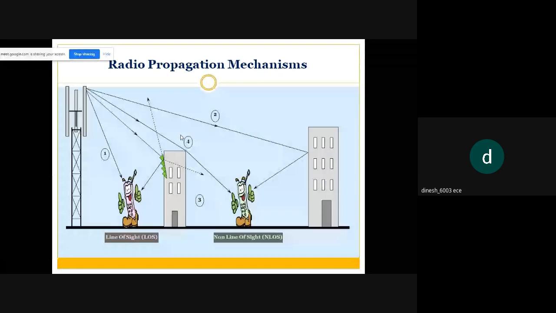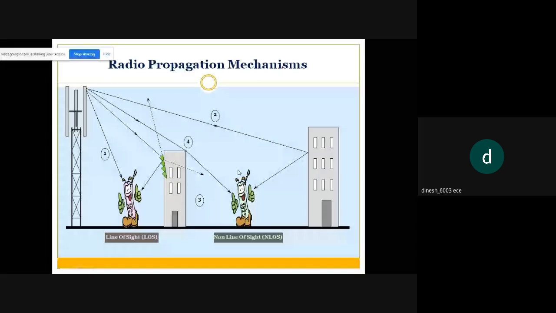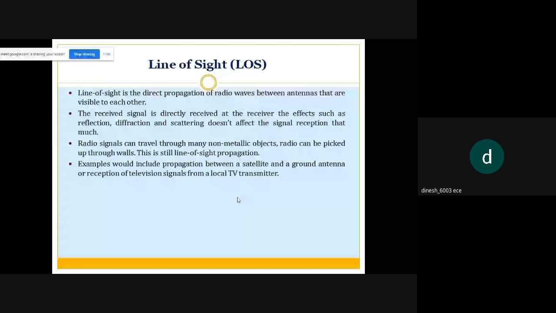So in non-line of sight, the electromagnetic wave or the radio will be reaching from the transmitting antenna through different obstacles or stages. This one, this 2 is your reflection, this 4 is your diffraction, scattering due to this. So all this comes under non-line of sight. This non-line of sight is the best example of multipath propagation.